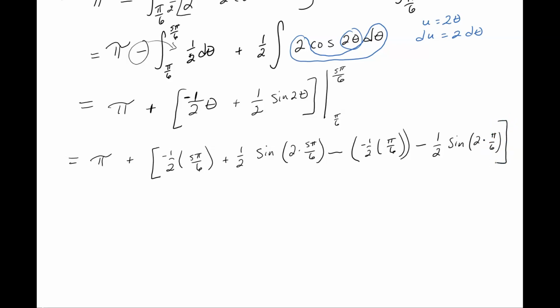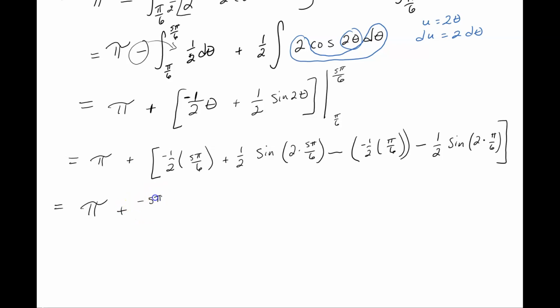And let's try to clean up this mess of pi's that we've got here. So we have a pi plus, this one right here becomes a negative 5 pi over 12.